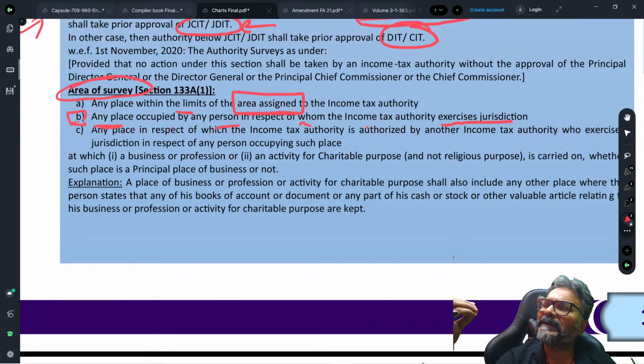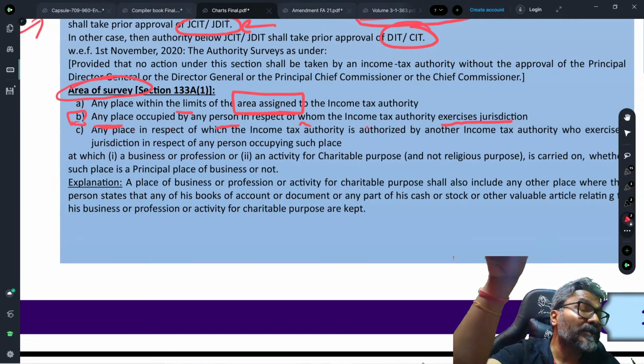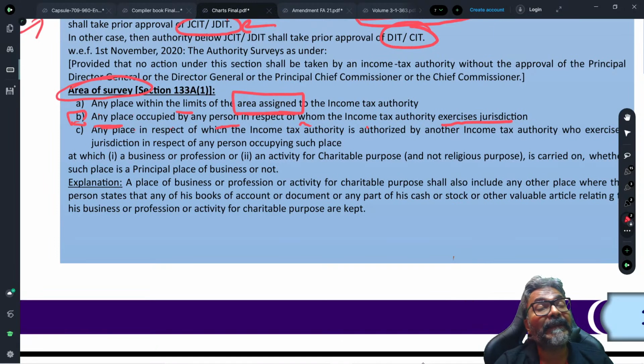Now students, tell me one thing, instead of me going to Delhi, can I tell the AO of Delhi? Can I authorize the AO of Delhi to go ahead and do the survey in the premises of this particular film star in Delhi, that particular premises which is falling within the jurisdiction of the AO of Delhi? And the answer is yes, I can do it, students.